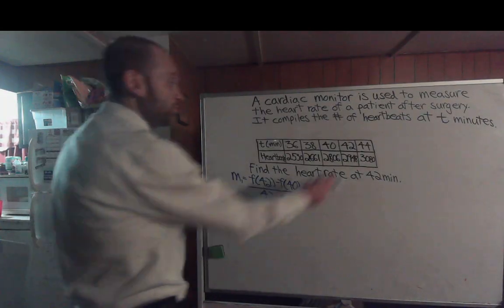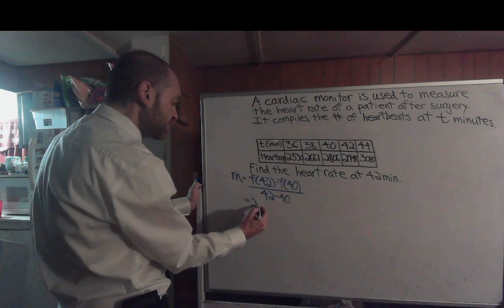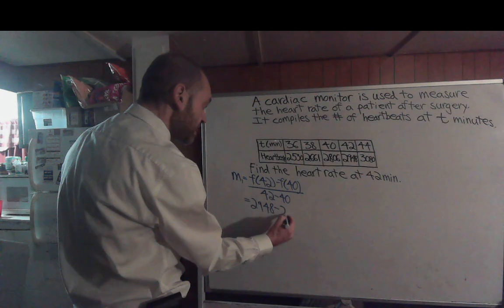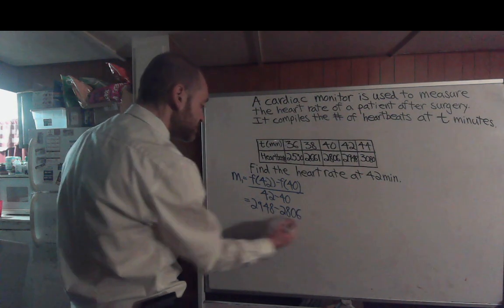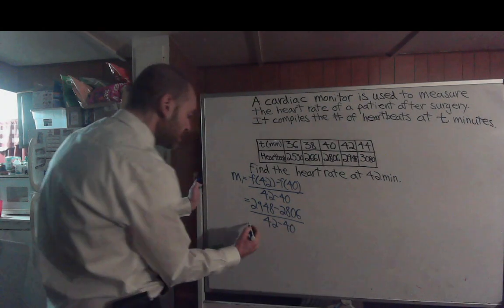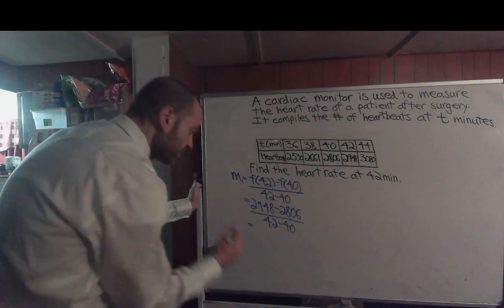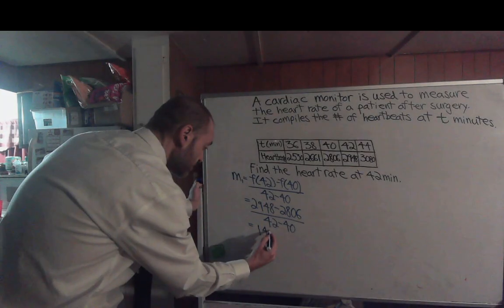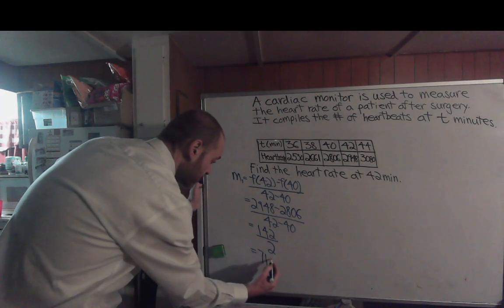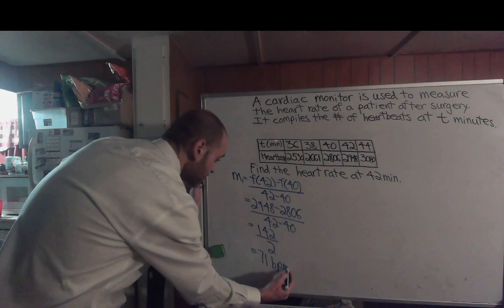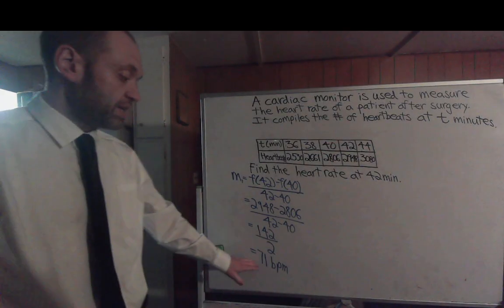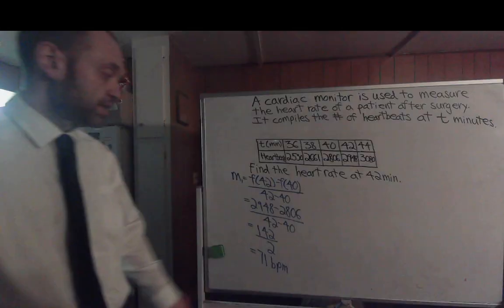Well, at 42 minutes, we have 2,948 heartbeats, minus at 40 minutes, we have 2,806 heartbeats, divided by 42 minus 40. Well, this would end up giving you 142 divided by 2, which would be exactly 71 beats per minute. So the average heart rate from 40 to 42 minutes ended up being 71 beats per minute.